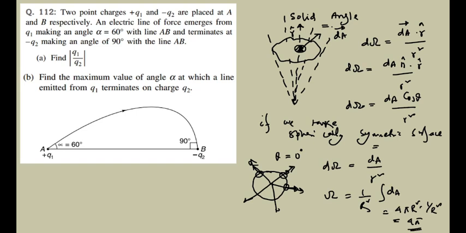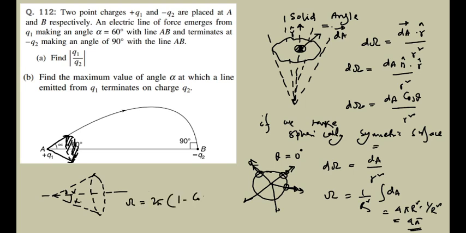Now here in this case, I will think about a cone. What is the total number of electric field lines passing through this cone? For that, again, I will discuss it in detail in Gauss law. Now I'm just giving the description. So this is angle alpha. Solid angle will be equal to 2 pi into 1 minus cos alpha.